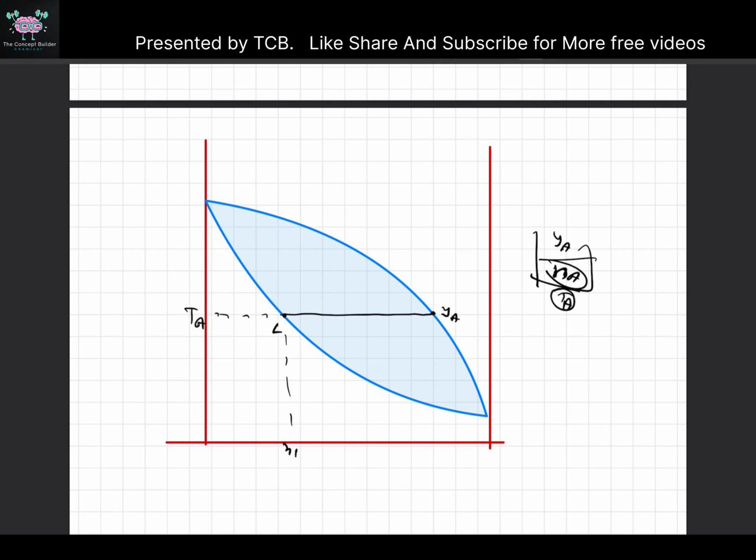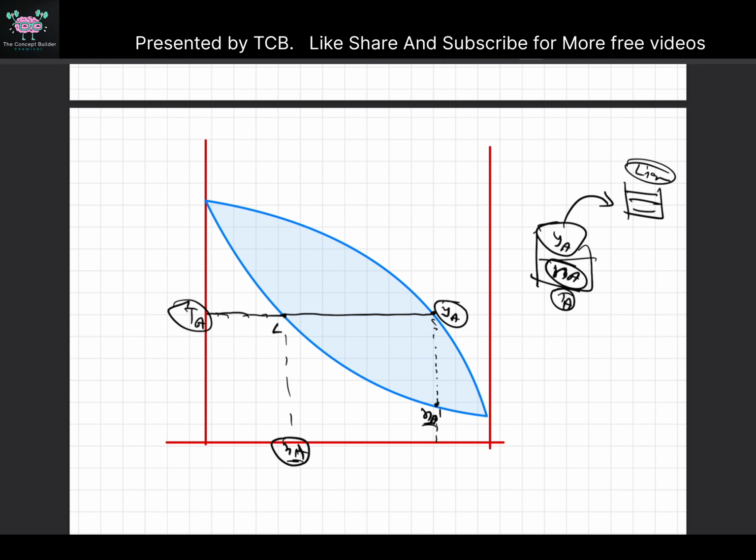If you have a liquid mixture of composition XA and boil it at TA, the vapor produced will have composition Ya. Now you take this Ya vapor and make liquid out of it again. You remove the heat, condense it, and make liquid.